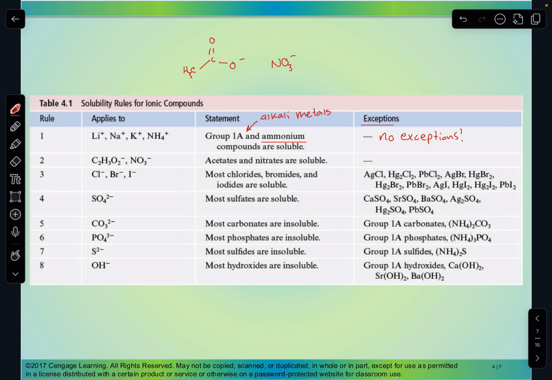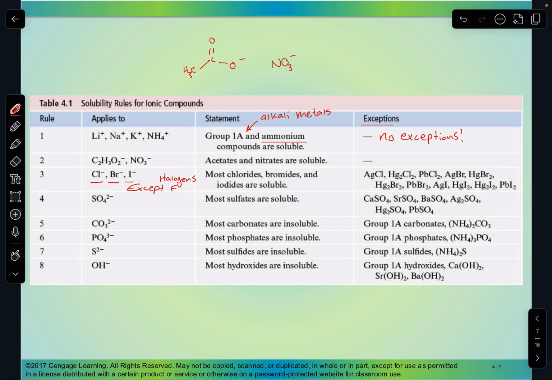Nitrate, that is important. Nitrite will not be soluble in the same way. If it has chlorine, bromine, or iodine, one of the heavier halogens, so halogens except fluorine.